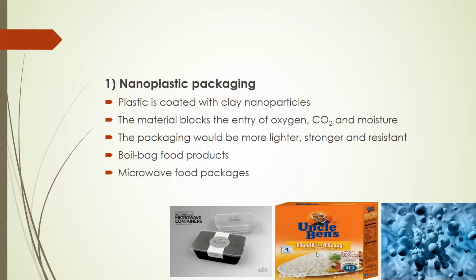So here, if you can look at this picture, you see that the boiled rice is packaged in a boil-in bag. So this means that boiled food items could be packaged in specific materials in order to use them instantly, and in order to make them safer inside the packaged items.